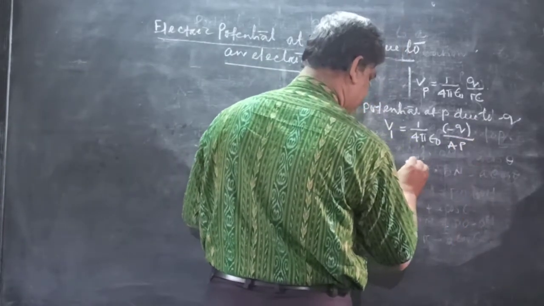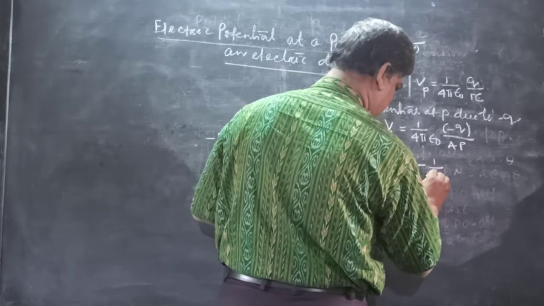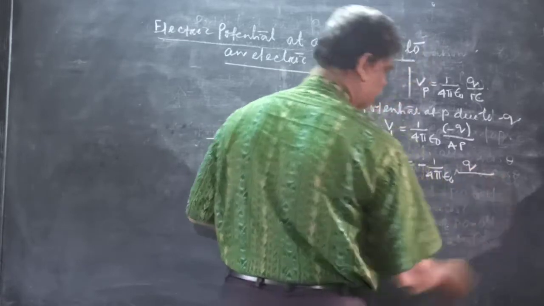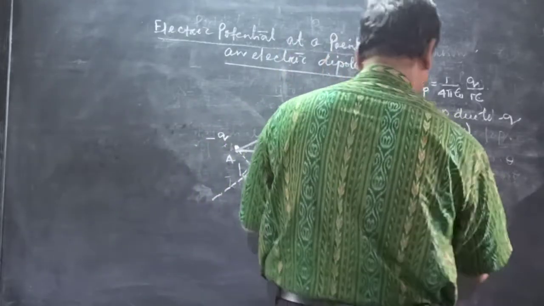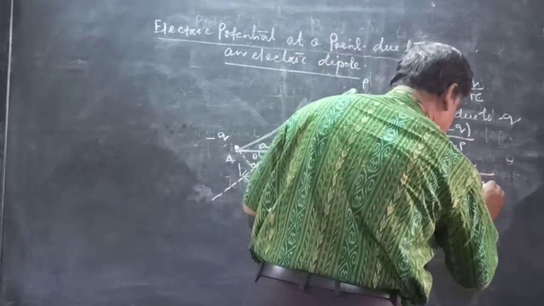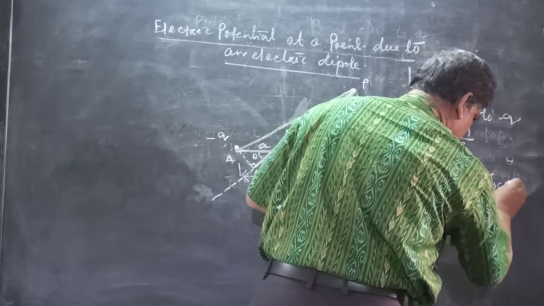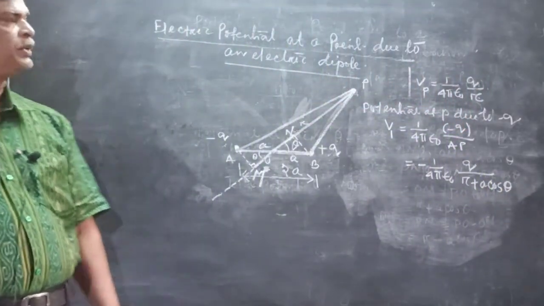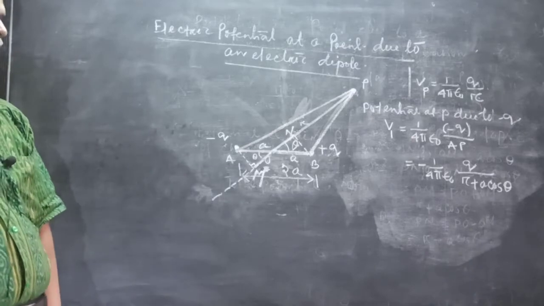So we can write minus 1 by 4 pi epsilon 0 Q by R plus A cos theta. This is the potential at point P due to the minus Q charge.